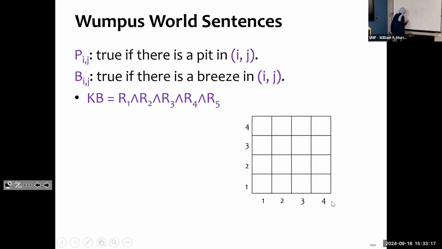1, 1. So is there a pit there? How to say that there is no pit at the position 1, 1? Negative P. Negative P where? 3, 3? 1, 1. You need to define exactly.